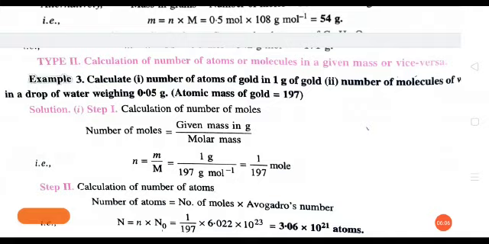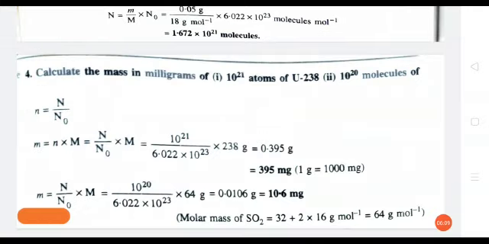Now again a vice versa question is coming. Here you have to calculate the mass. So the formula is small n is equal to capital N upon N0, so mass m is equal to n into molar mass, where n is N upon N0.